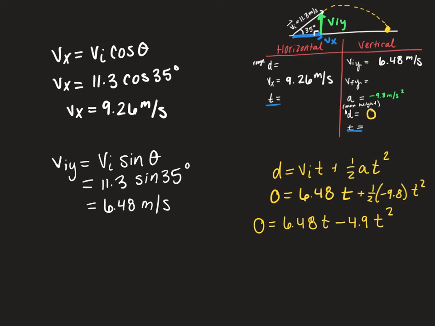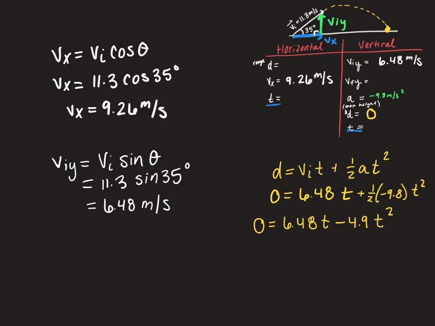Distance is 0 at two places, at the very beginning and at the very end. So we're finding the time at the very beginning, which is going to end up being 0, and the other time is when it ends. That's the one that we need.